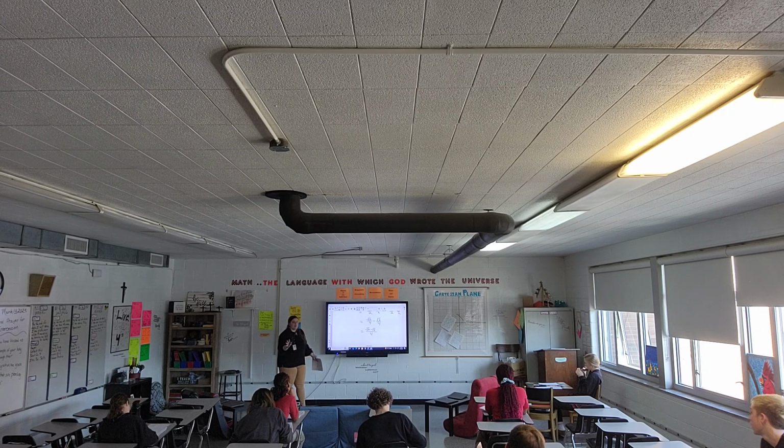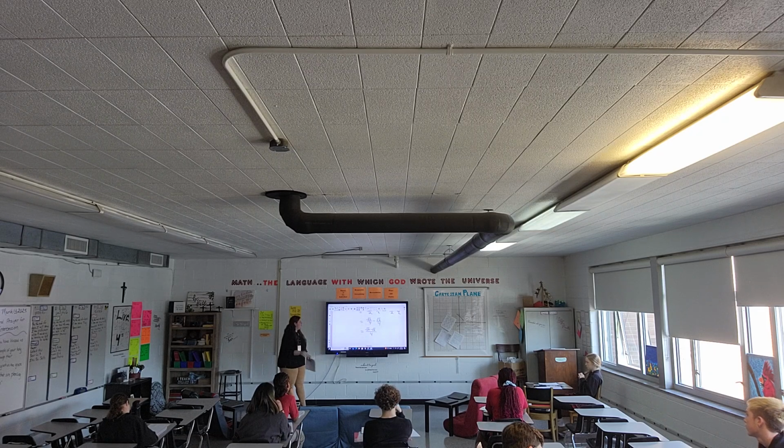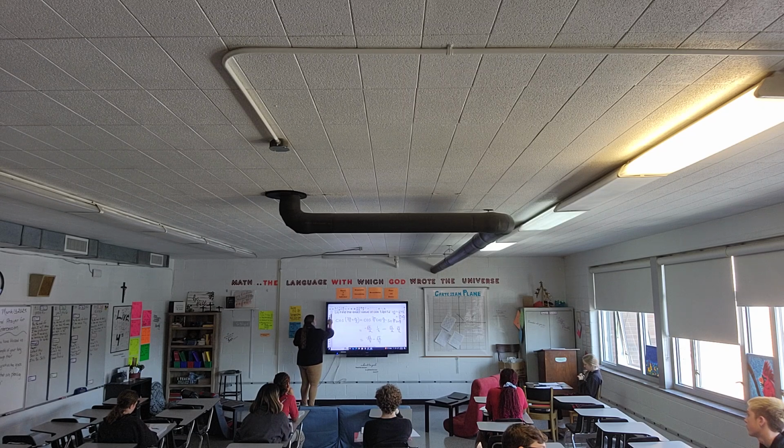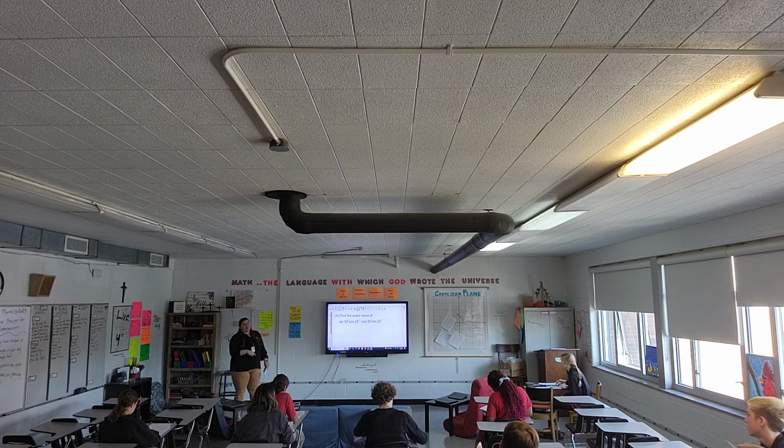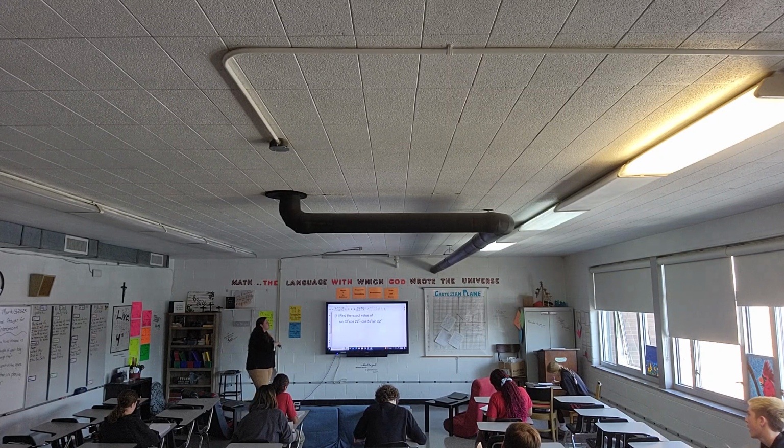What questions do you have for me so far? None? Everyone feel the same? Okay. You guys got this one. So you have sine 52 cosine 22 minus cosine 52 sine 22.